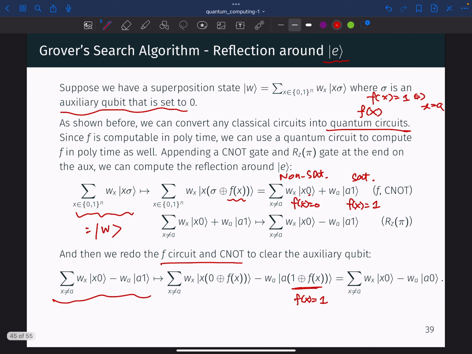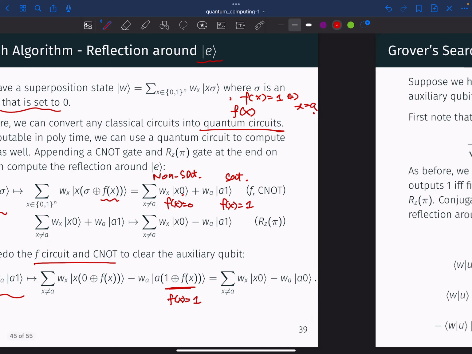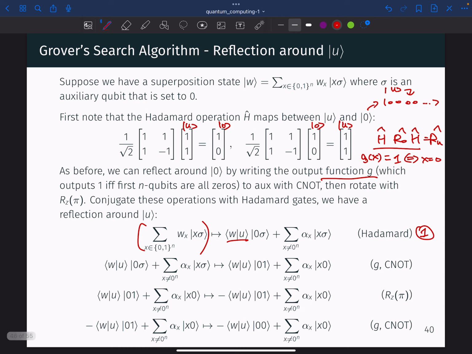So we're effectively copying this structure, but we just change the parameter from a to 0. And we'll do G then C naught as before. What this does is that for all the non-zero states, G will output 0 here, and you will only output 1 for the 0 vector.